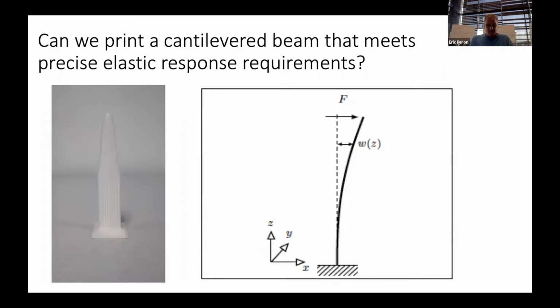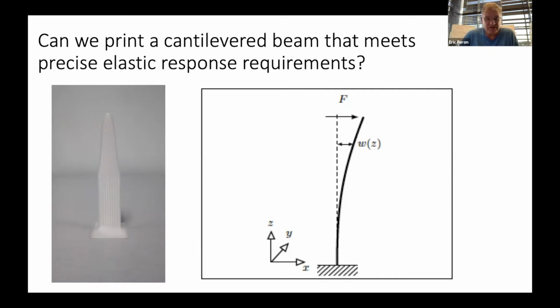We simplified this question by formulating it as, can we print a cantilevered beam that meets precise elastic response requirements? The beam that we have here is wide but thin, and it is tall.